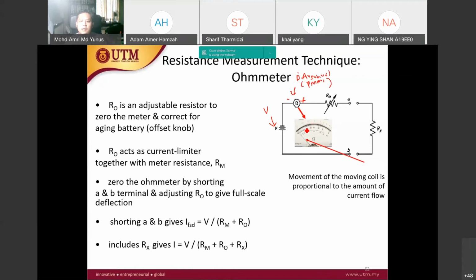If you look at the scale, when there is no connection between A and B, it means that the ohmmeter is open circuit, or no deflection. So when there is open circuit, the value on the scale is infinity ohm.